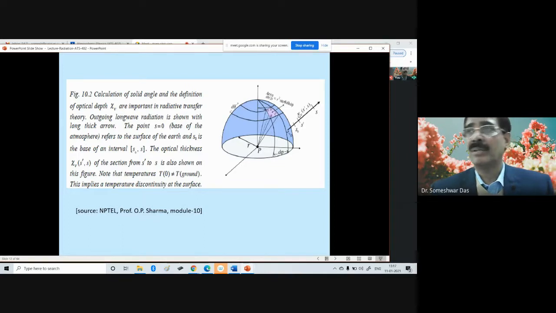In order to calculate the optical thickness, we need a lot of information, like the amount of, for example, the solid substances present in the atmosphere, such as liquid water inside the cloud, or frozen substances like ice crystals, snow, and so on, or even the aerosols. So we need to know the quantity of these substances in the atmosphere.